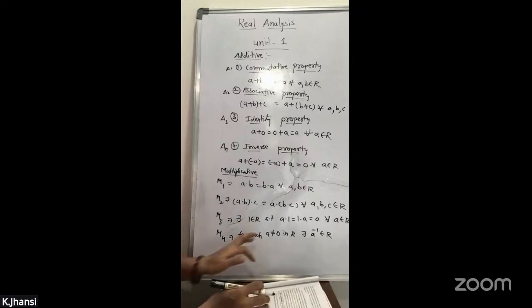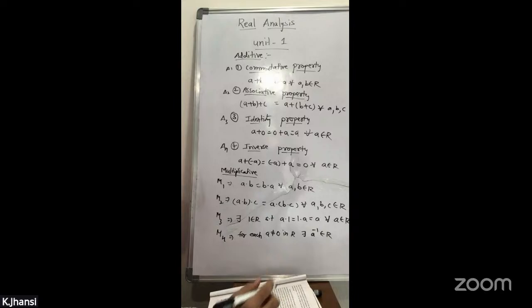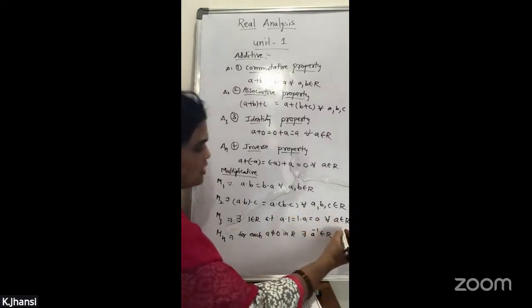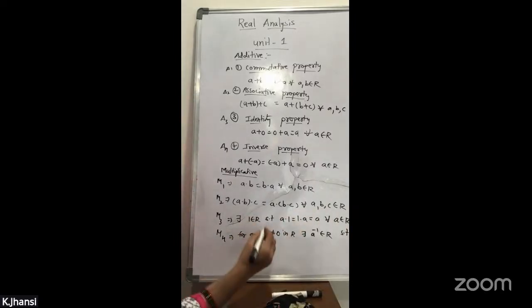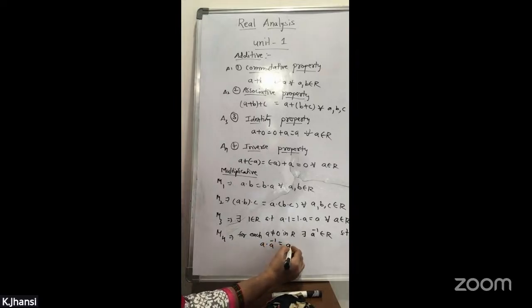How will you get 1? A into A inverse is equal to 1, such that A into A inverse, or A inverse into A, is equal to 1. Okay. This is the inverse property.